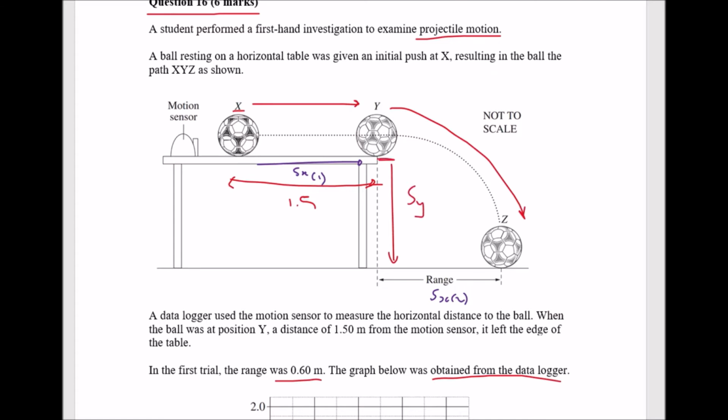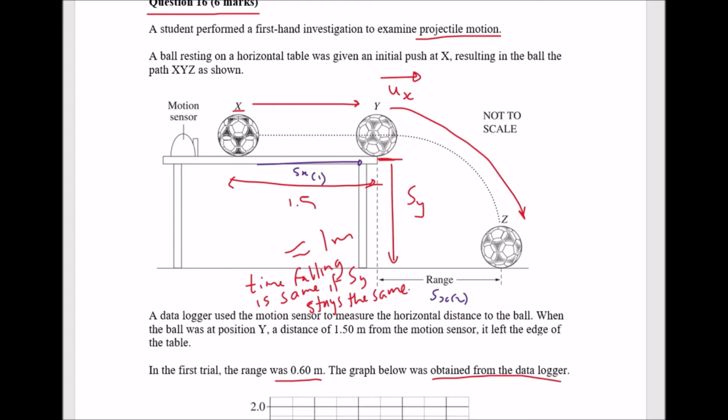If I haven't changed the height of the table, let's say randomly it was 1 meter, if it is always dropping 1 meter, no matter how fast this object is going in terms of ux, it will always fall in the same time. So time falling is the same if Sy stays the same.